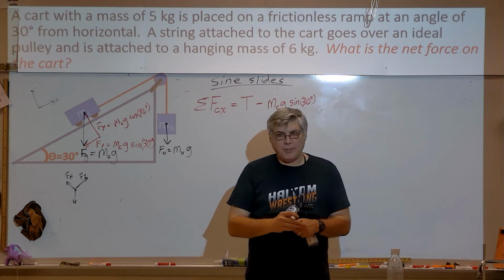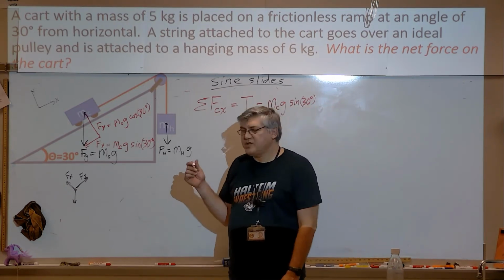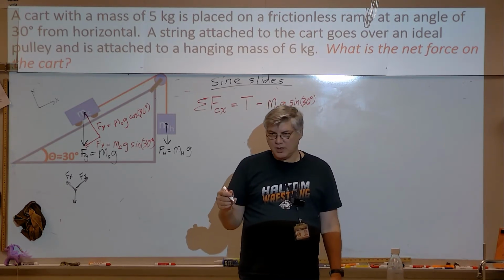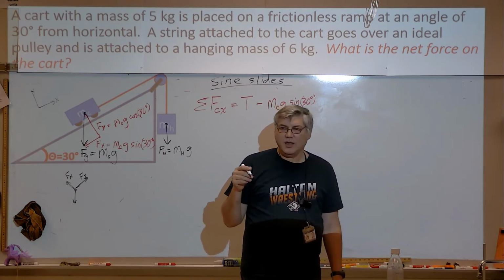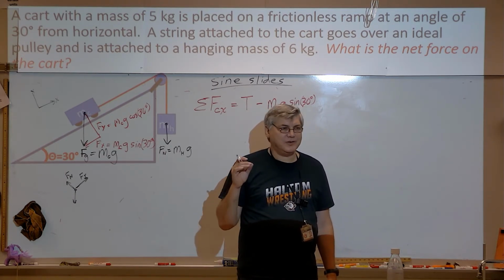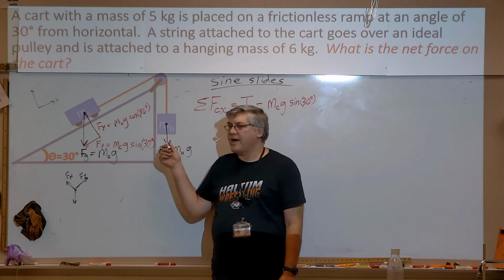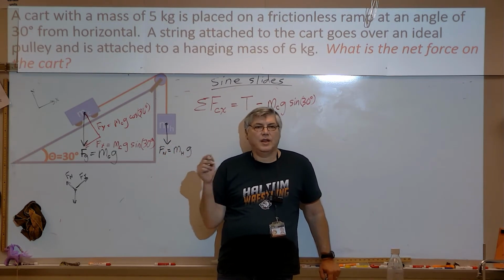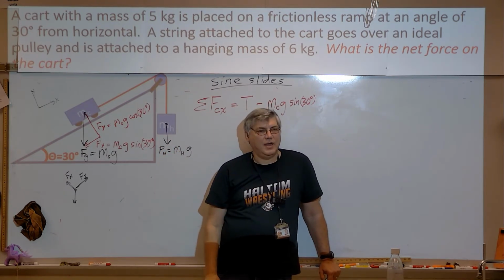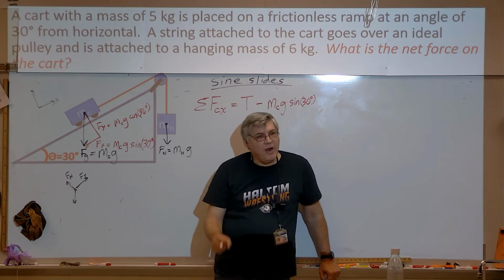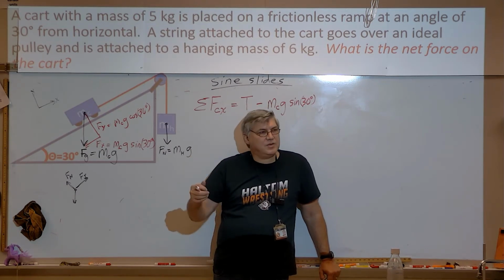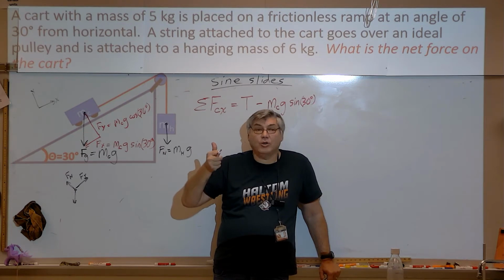Now, let me ask you a question. Is the arrow that I draw for tension greater than, equal to, or less than in size from gravity? Less. You said less. Why? It's going to fall down. Right. If it's accelerating down, then that means the tension is not enough to hold it up, right?